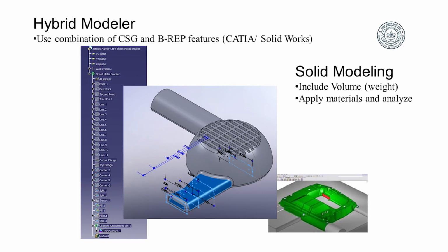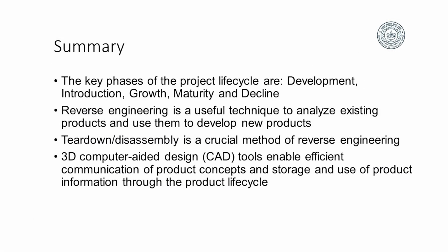Let us summarize what we have learnt on the product life cycle and reverse engineering. The key phases of the product life cycle are product development, introduction, growth, maturity and decline. Reverse engineering is a useful technique to analyze existing products and to use them to develop new products.